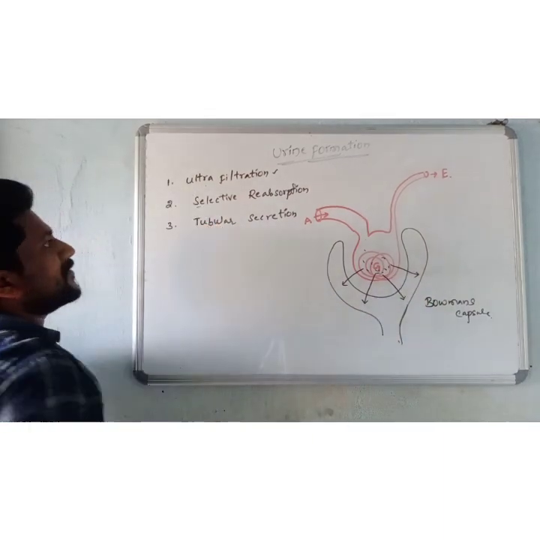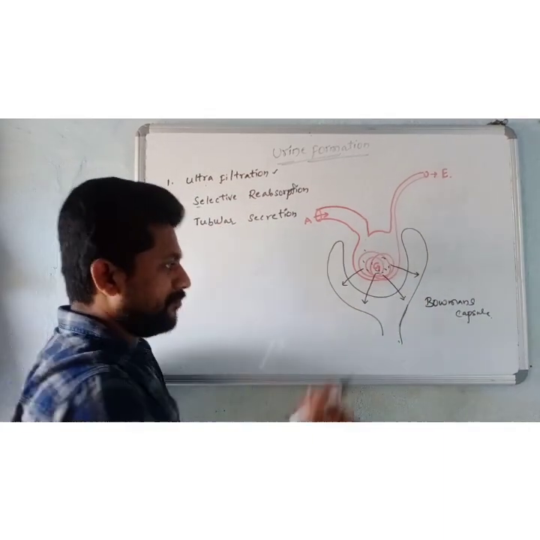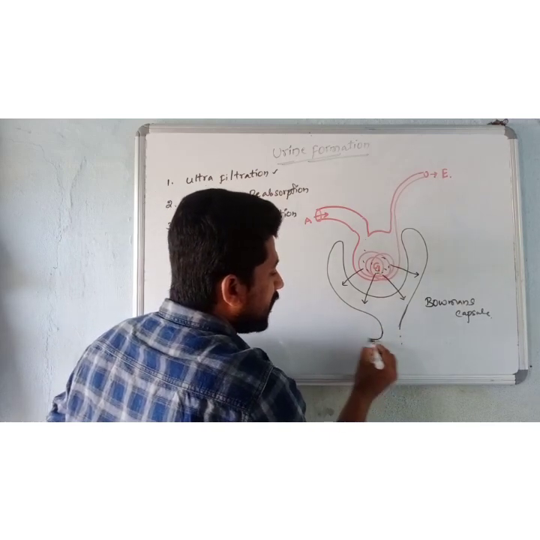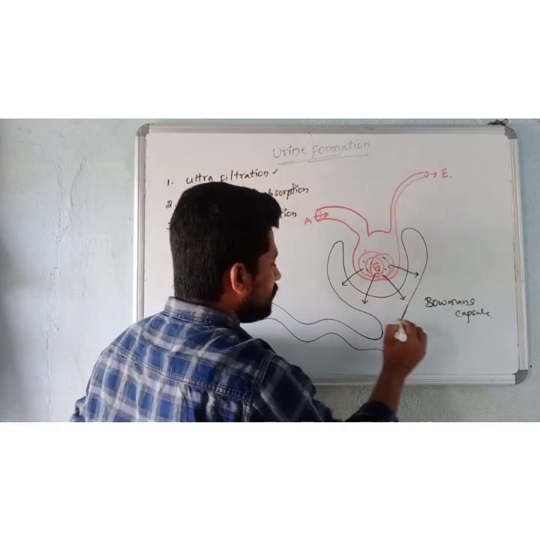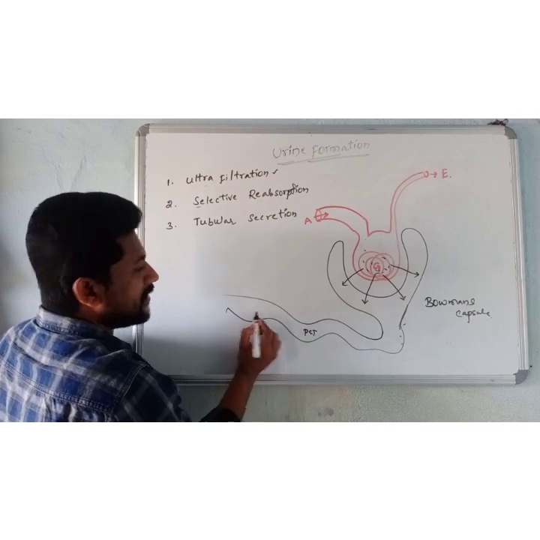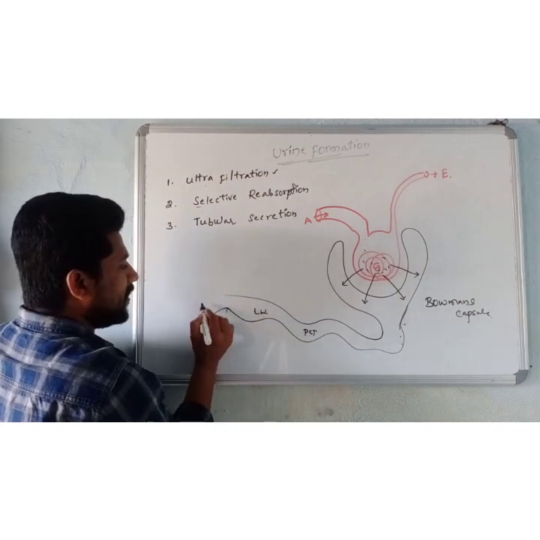See the second step, selective reabsorption. It continues through the PCT, loop of Henle and DCT.